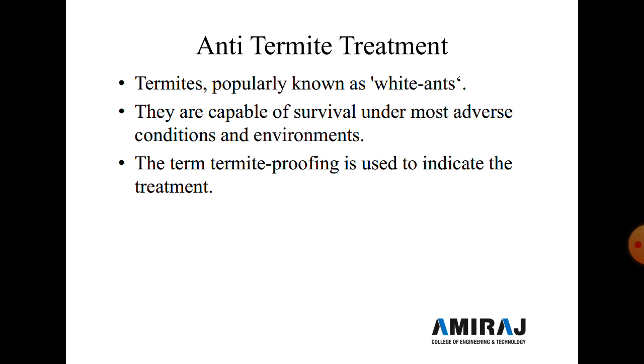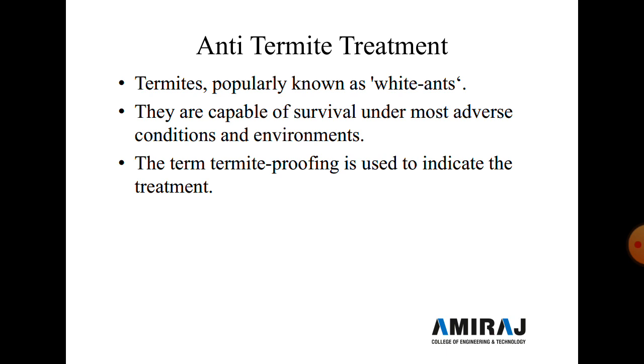Now the term termite proofing is used to indicate the treatment which is given in a building so as to prevent or control the growth of termites in a building. So anti-termite treatment reduces, prevents or controls the growth of termites in a building.